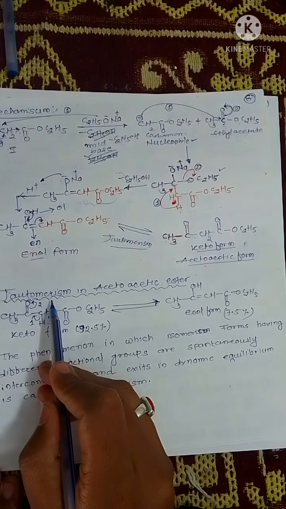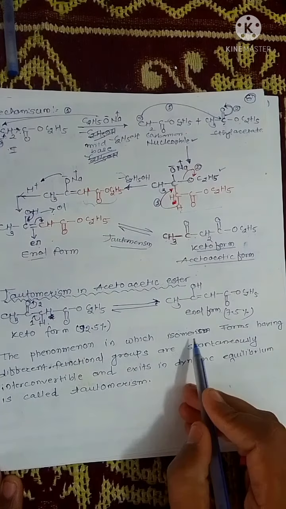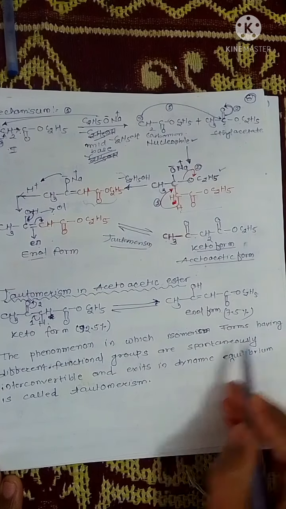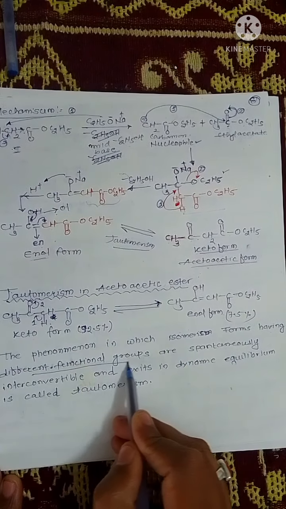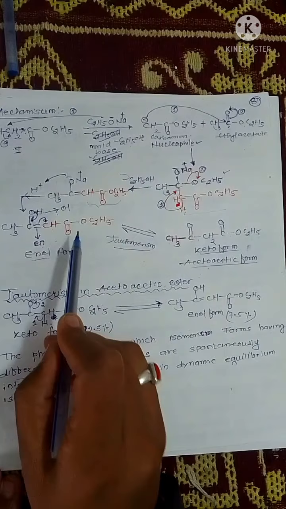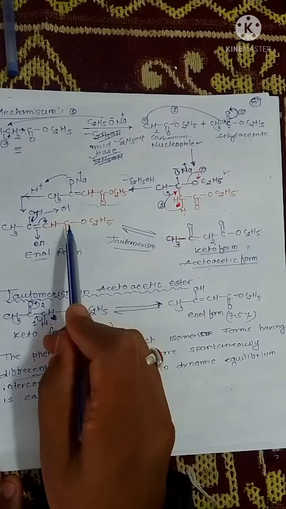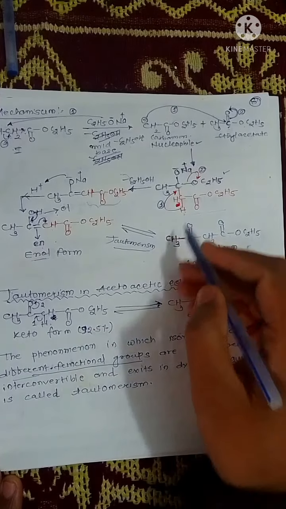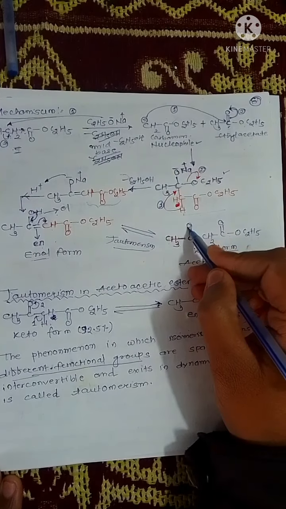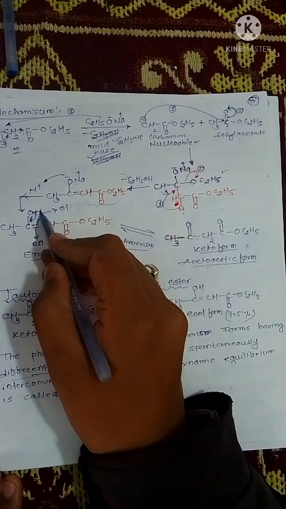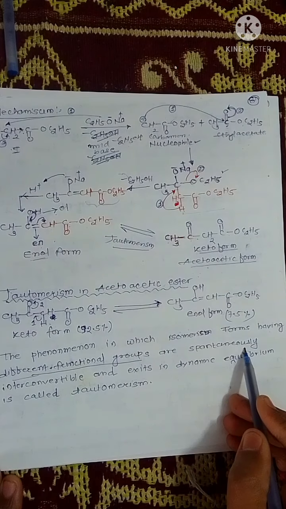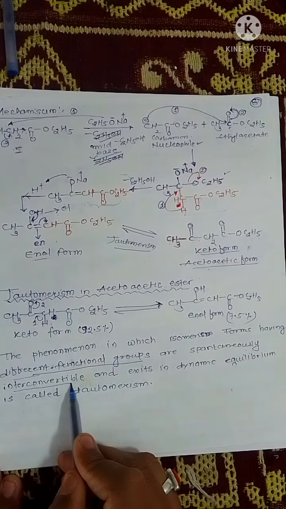Now what is tautomerism? The phenomenon in which isomers form having different functional groups. It is important. Just see here, both these two compounds are isomers of each other and both have different functionality. This one has keto, this one has OH, and they are spontaneously interconvertible.